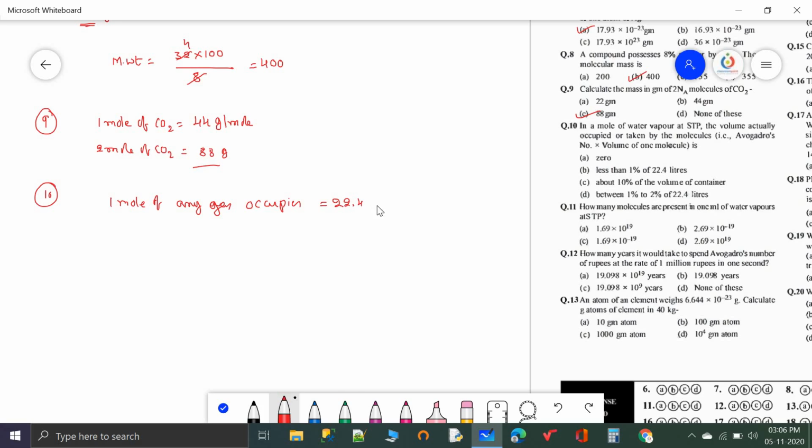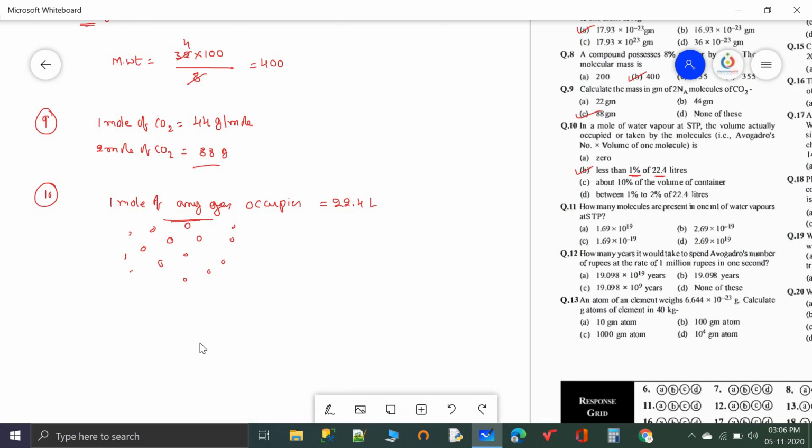But according to the kinetic molecular theory of gases, gas molecules are arranged very much apart from each other. So if you condense all these molecules, they occupy even less than 1% of this 22.4 liters. Hence option B is correct.